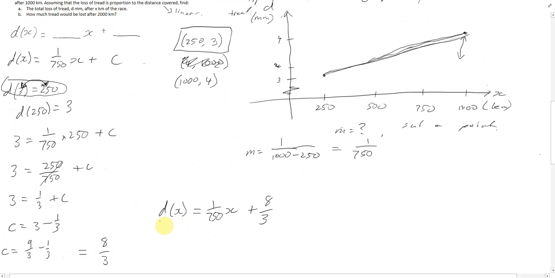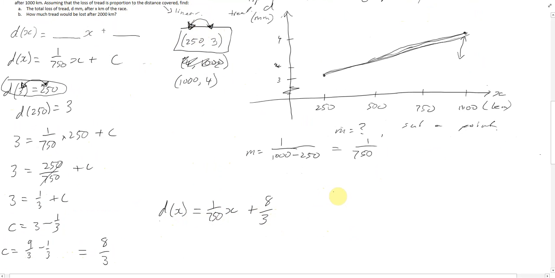There it is. d, the amount of tread in terms of x, is 1 over 750 x plus 8 over 3. Okay, so there's a, fully done. A bit annoying, that one was. And the hardest part was making sure we didn't accidentally swap, like I accidentally did at one point, our d with our x. That is the easiest mistake to make, I think.